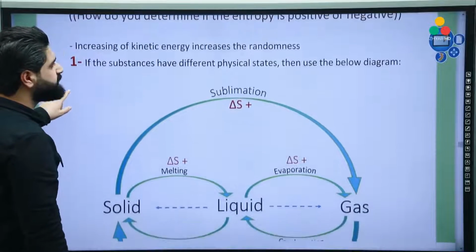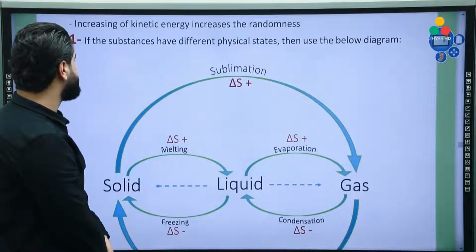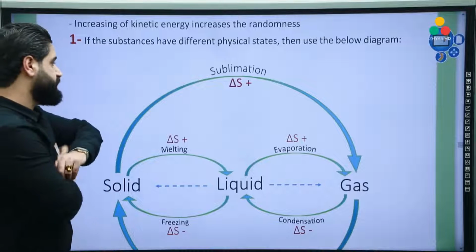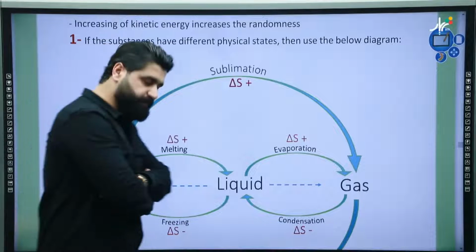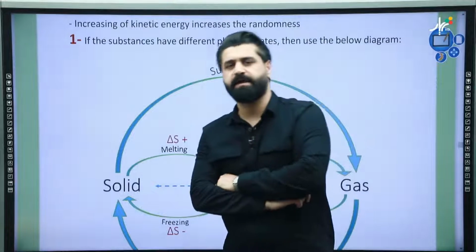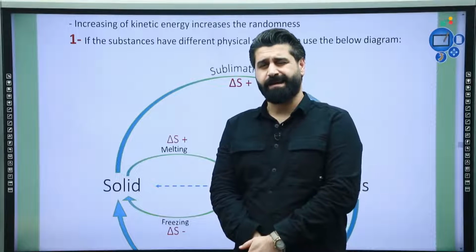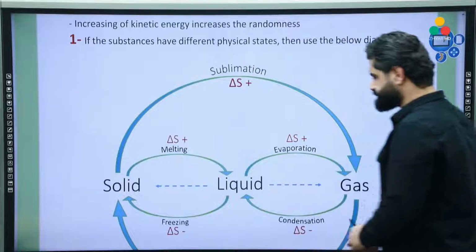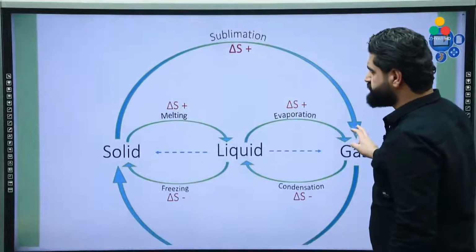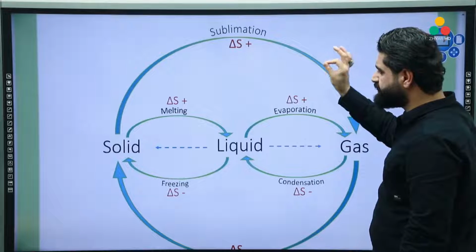But how can we identify the arithmetic sign of the entropy change? It's very important. My dear students, if we have a reaction, how can you detect the arithmetic sign of delta S?